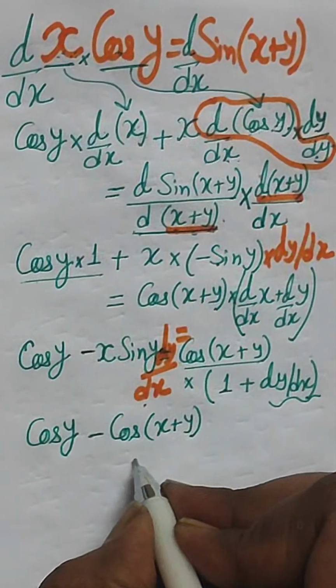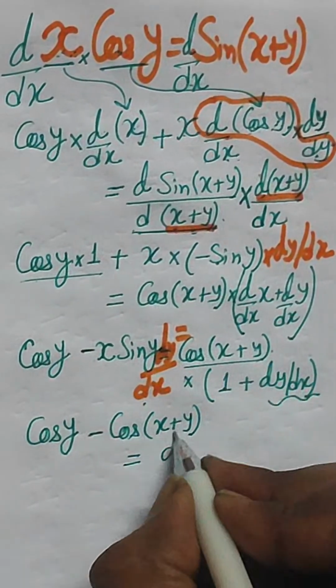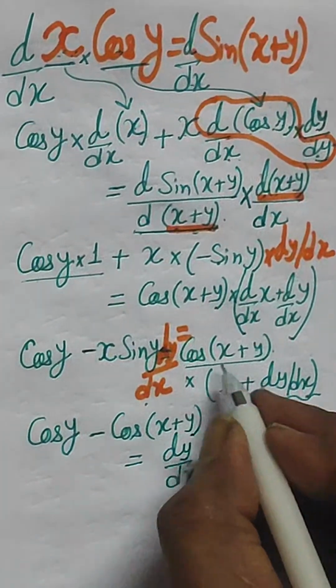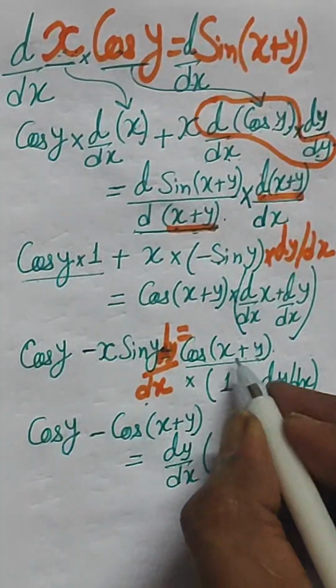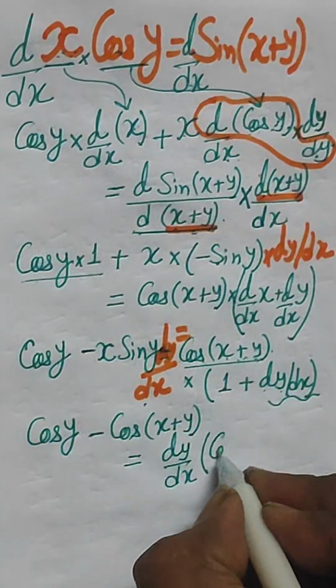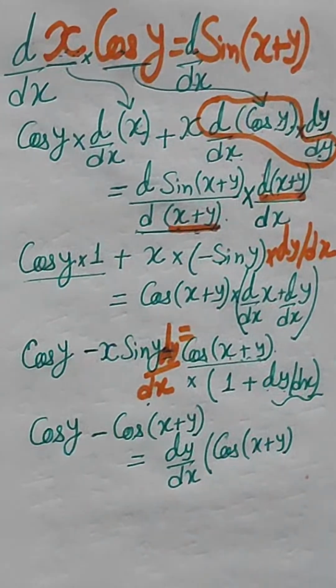And into the RHS we have cos x plus, just take dy by dx as common, and we have cos (x plus y), this multiplied with this, right? So I'm writing cos (x plus y), right?